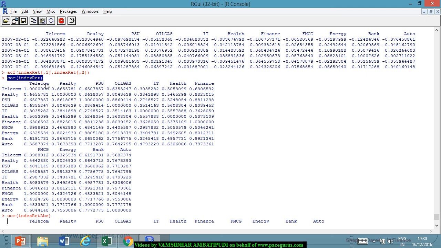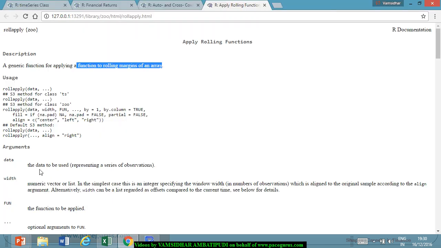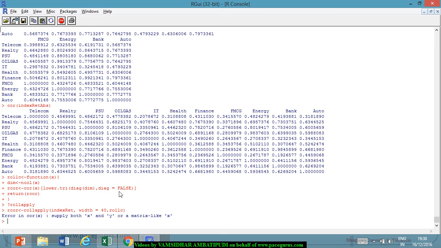Index red. So the roll apply is applied to the data, representing a series of observations, that is what we have used.